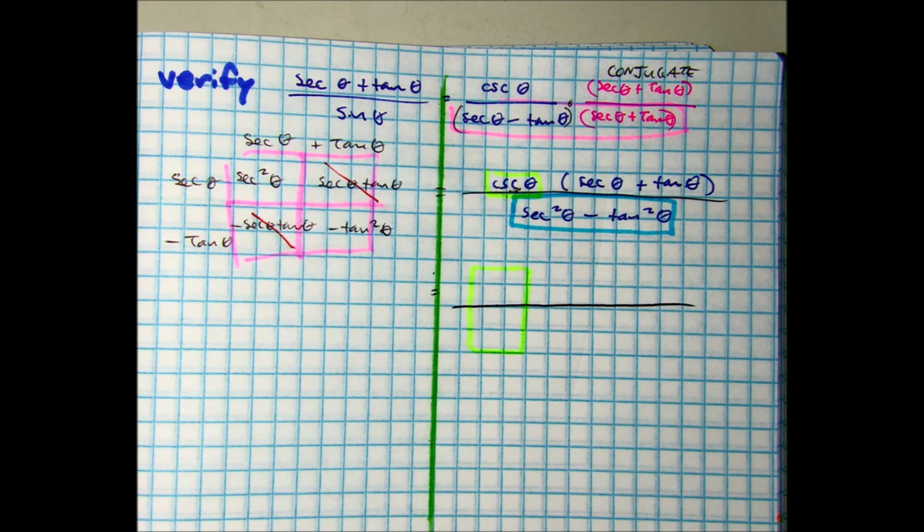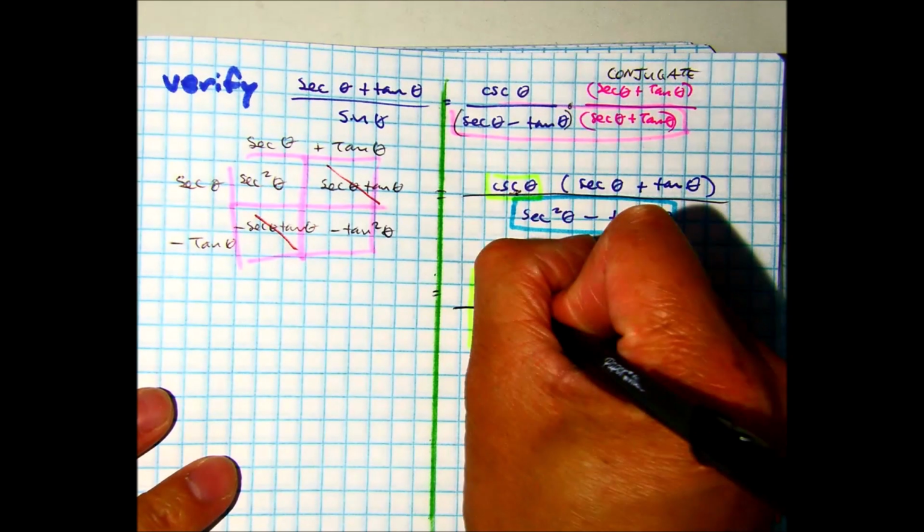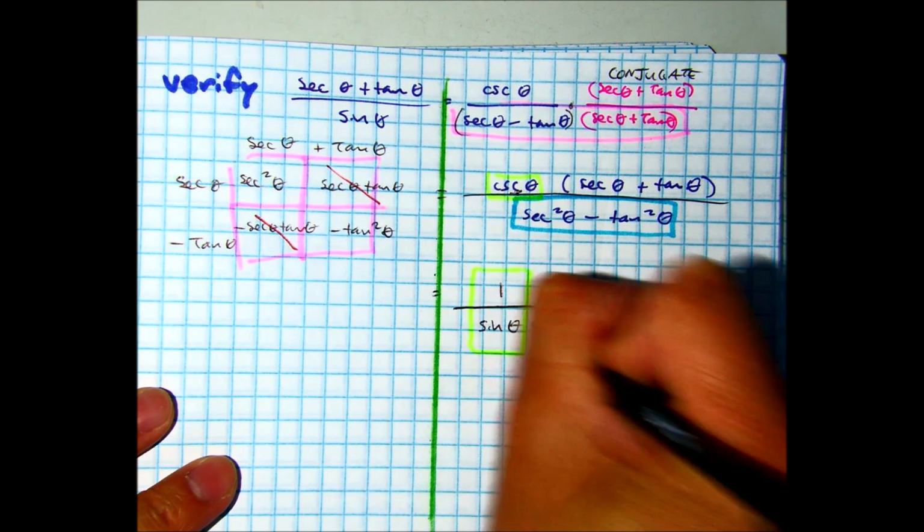Which identity are you using? Your choices are P, Q, R. The R, he says. Thumbs up, thumbs down? The reciprocal identity is correct. That's right. Josh, what is it? 1 over sine. Correct.